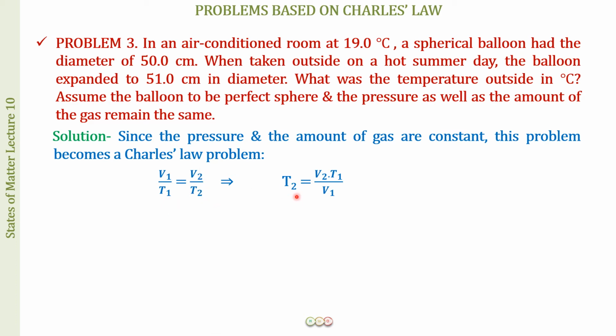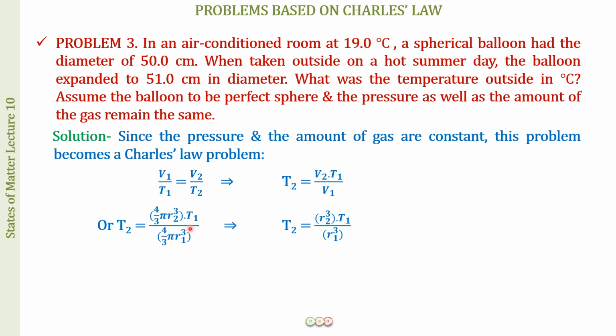From this you will get T2 equal to V2 into T1 divided by V1. And then we are going to put things over here. So for the temperature T2, the volume V2 is going to be the 51 centimeter diameter cube. So the radius is going to be half of this. So we will put the formula of the volume as 4 by 3 pi R2 cube into T1 over 4 by 3 pi R1 cube.